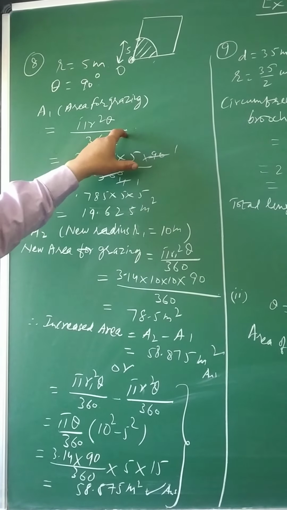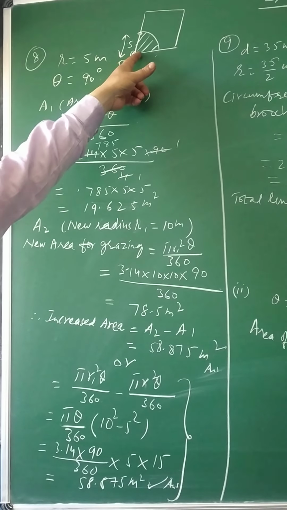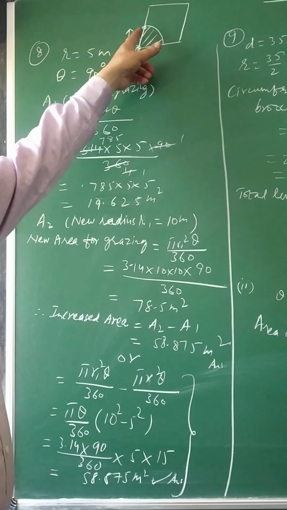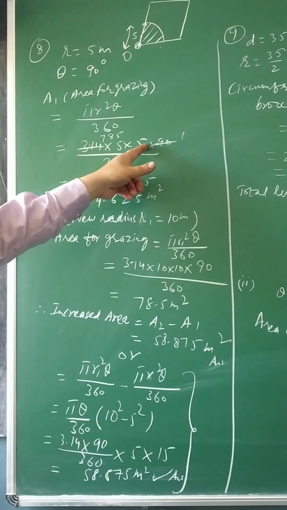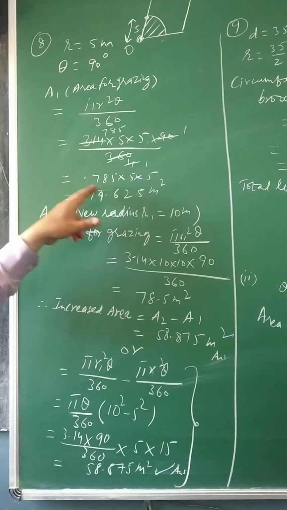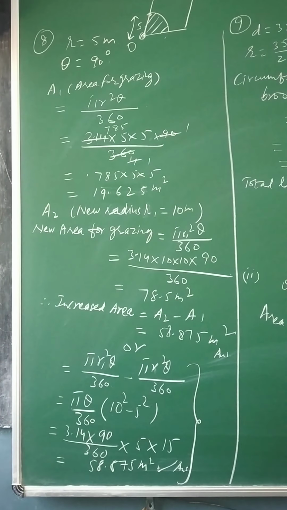So that will be a sector of pi r square theta upon 360. As the field is a square, theta will be equal to 90 degrees. The rope is 5 meter long, so the radius will be 5. Pi is given as 3.14. Substitute that value, do the calculation and check. The answer is 19.625.